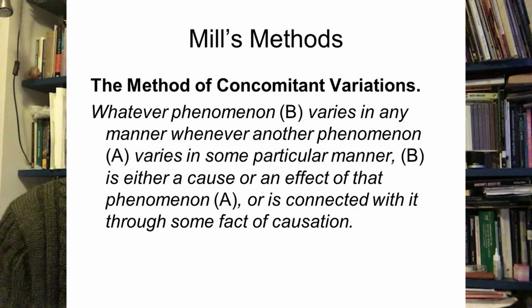So whatever phenomenon B varies in any manner with another phenomenon A, B is either a cause or an effect of that phenomenon, or is connected with it through some fact of causation, right? In other words, if two things vary together, then possibly the one causes the other.